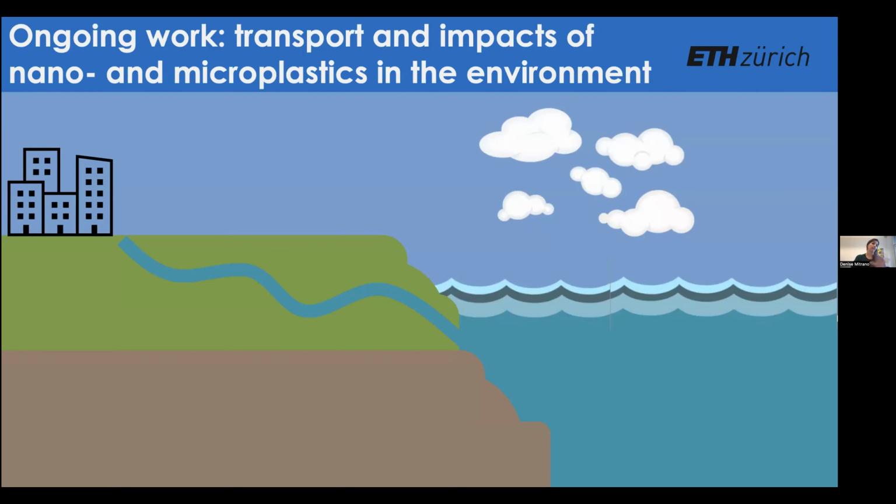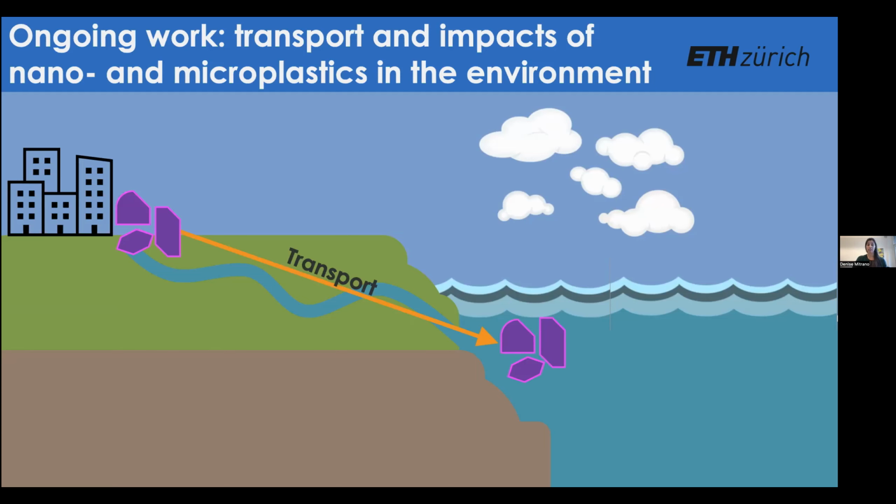If we think about the environment as a whole, a lot of plastic pollution comes from urban centers because these, of course, have a lot of anthropogenic activity. So we have tested the retention efficiency of microplastics and nanoplastics in wastewater treatment plants, to see how much goes to the sewage sludge versus how much is released in the wastewater stream.